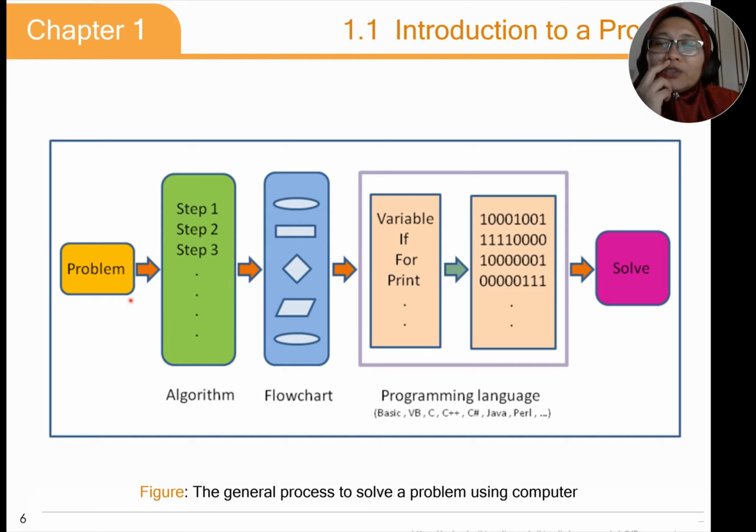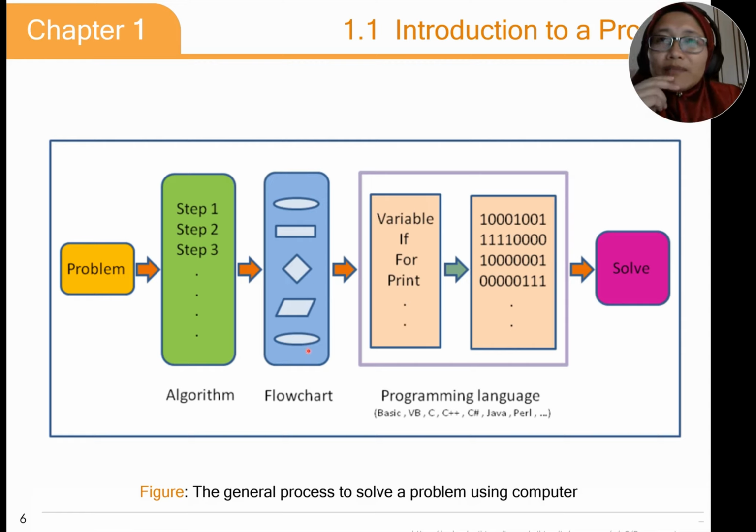To get from this point to this point, we write the algorithm. Let's stop a while and look at this green box. In the algorithm we see steps 1, 2 and 3. So algorithms are actually the steps that we use to solve a problem.